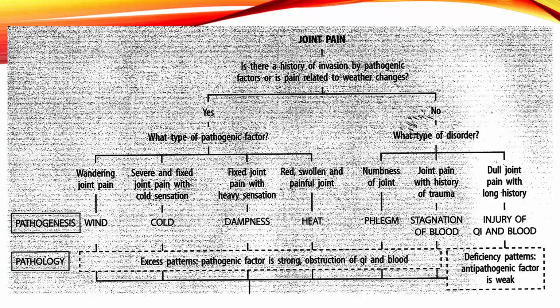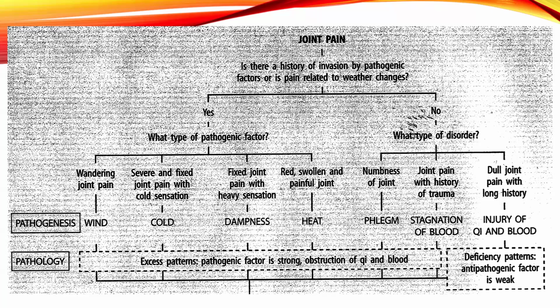So let's analyze the diagram. If there is joint pain, is there a history of invasion by pathogenic factor, or is pain related to weather changes? If the patient said yes, we ask what type of pathogenic factor. If wandering joint pain, the pathogenesis is wind.